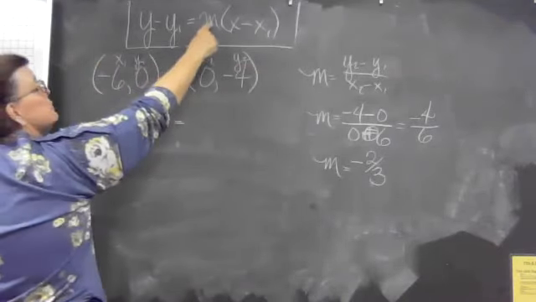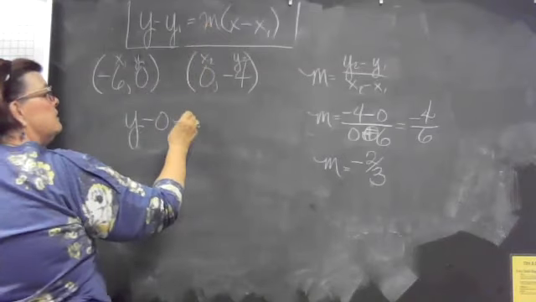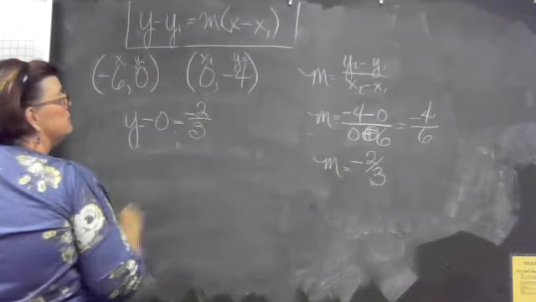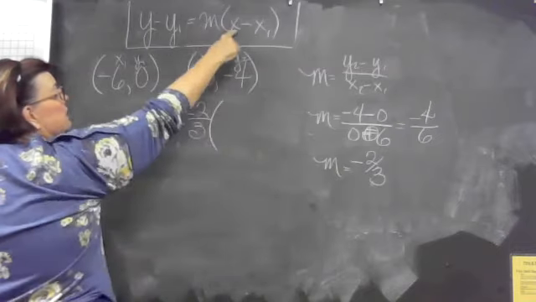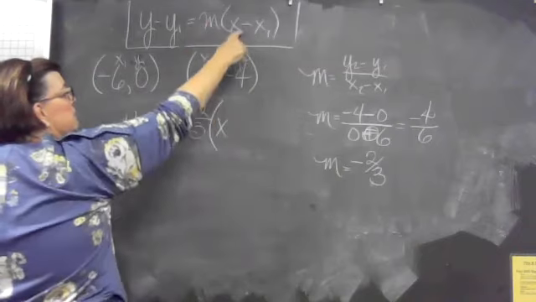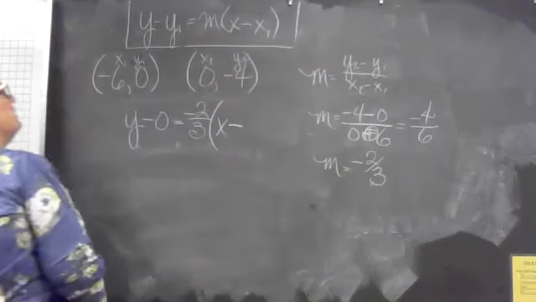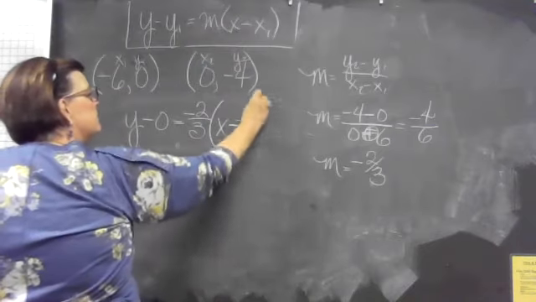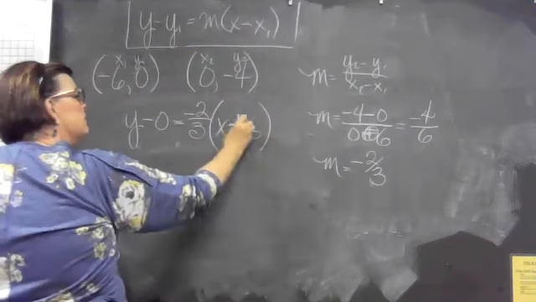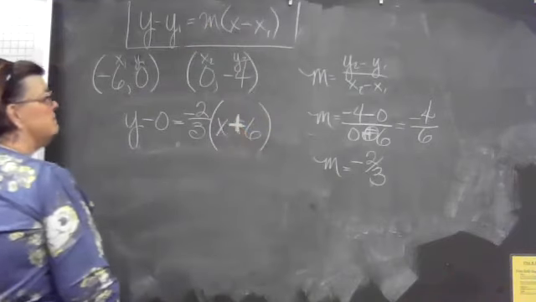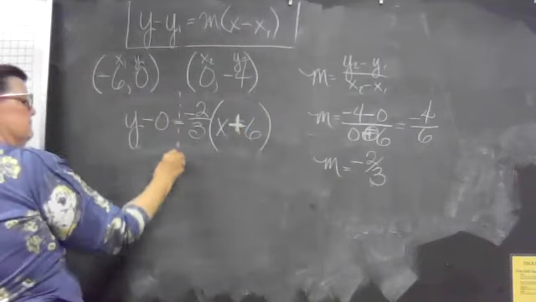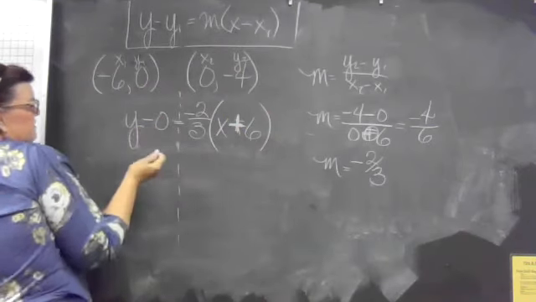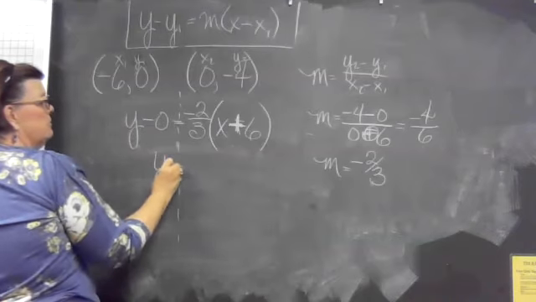So here where we need slope for our equation, we have negative 2/3. X stays an x because it doesn't have a number on it, minus, what's x1? -6. This becomes plus. Y minus 0, we don't even have to get rid of anything because it's just 0. So we have y equals.